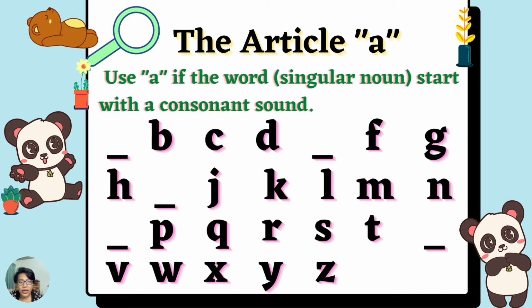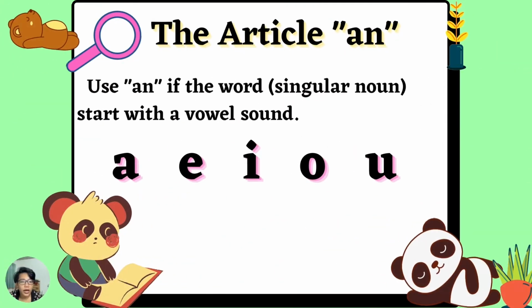B, C, D, F, G, H, J, K, L, M, N, P, Q, R, S, T, V, W, X, Y, and Z. These consonants we use with the article a. Okay, let's move on.